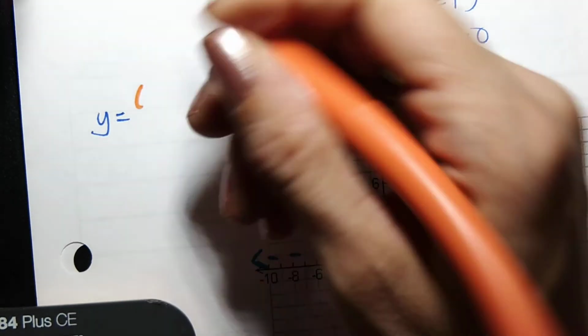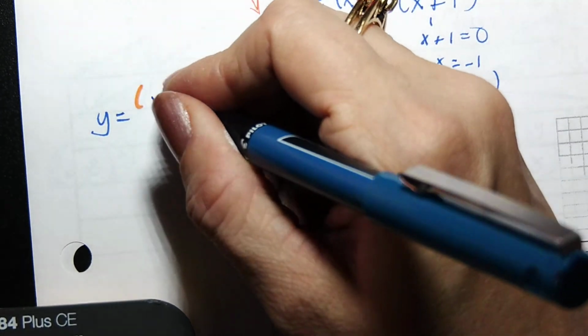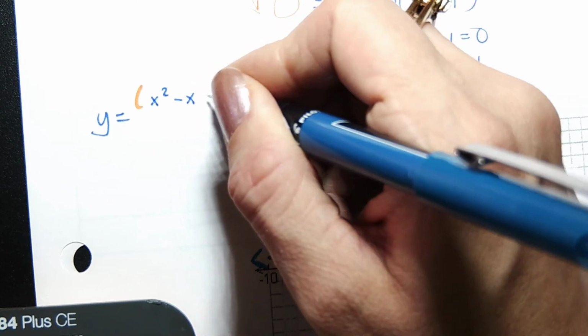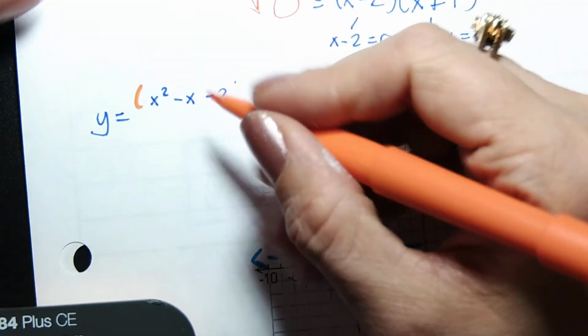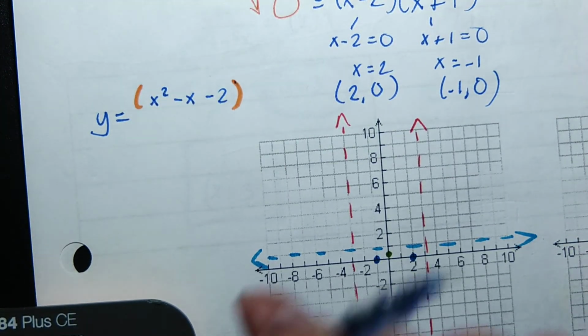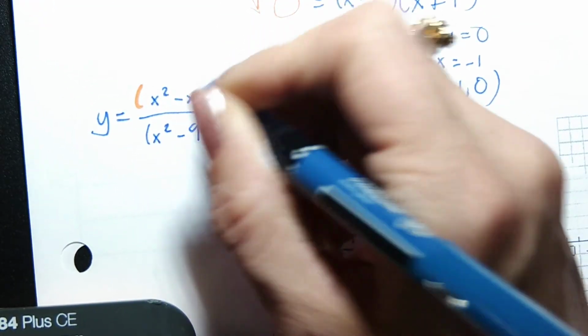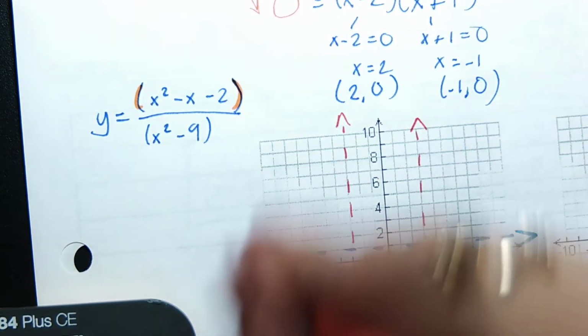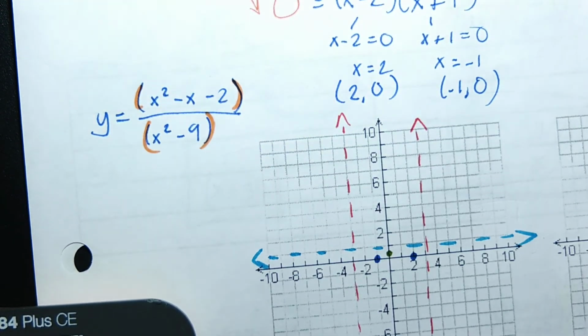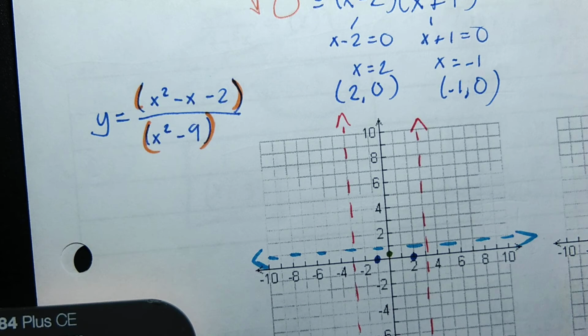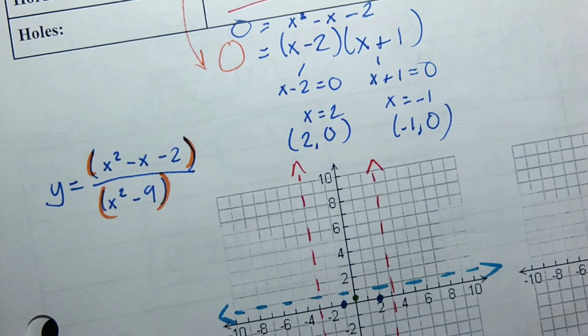Also, trap those trinomials and binomials in parentheses. So x squared minus x minus 2 in parentheses on the top, and then x squared minus 9 in parentheses on the bottom. Go ahead and type that in and see if we can sketch our graph.